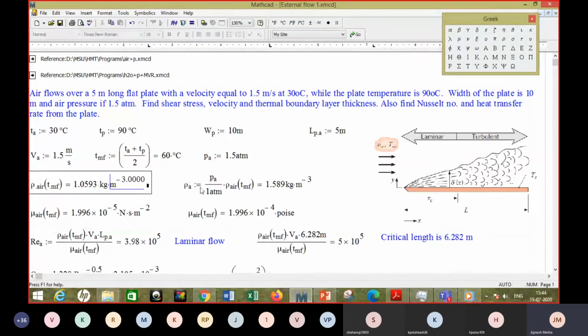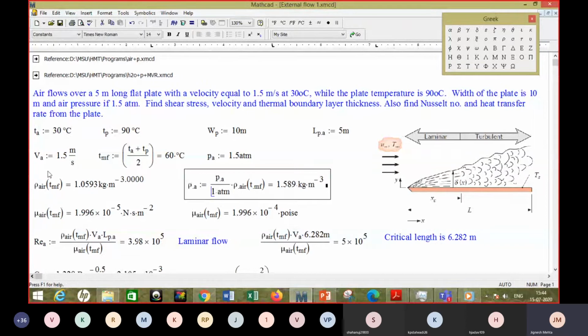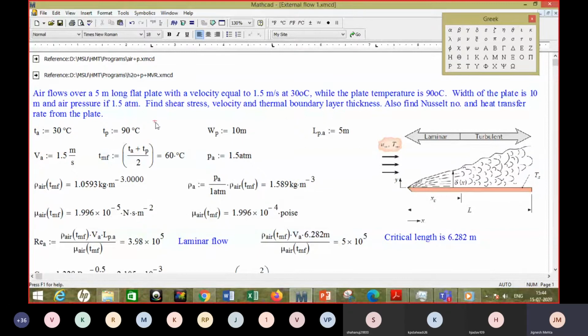But now you are talking about air pressure equal to 1.5 atmosphere, so you have to get the density by the ideal gas equation: P1 upon rho 1 is equal to P2 upon rho 2 at the same temperature. So what you get is just 1.5 times the density at 1 atmosphere.